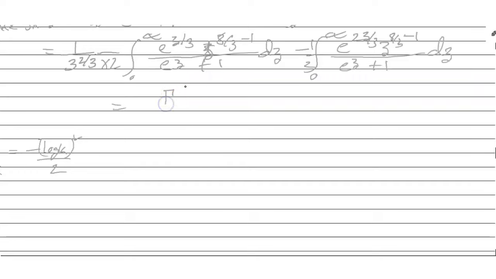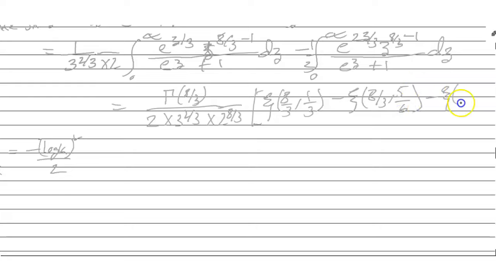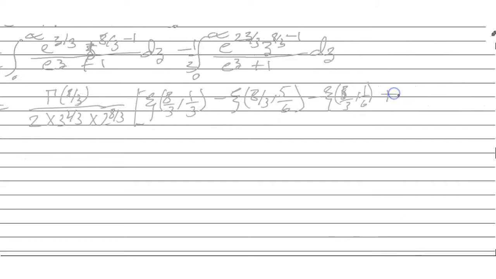And it can be written gamma 8 by 3 into 2 into 3 to the power 2 by 3 into 2 to the power 8 by 3, zeta 8 by 3 comma 1 by 3, minus zeta, this is called Hurwitz zeta, 5 by 6, minus zeta 8 by 3 comma 1 by 6, plus zeta 8 by 3 comma 2 by 3.